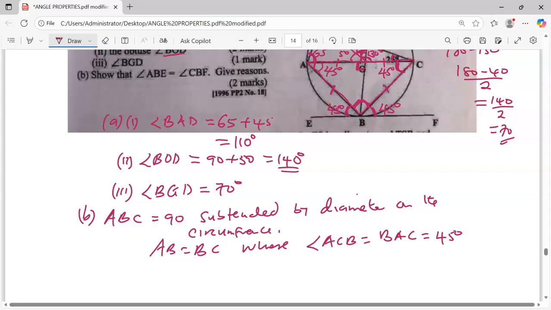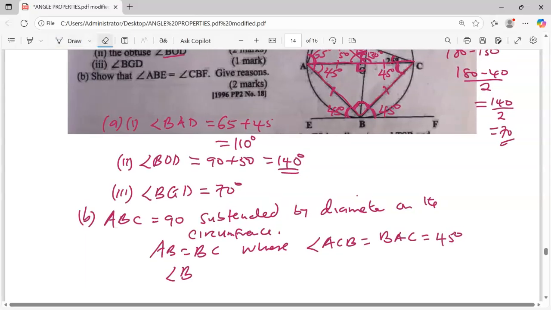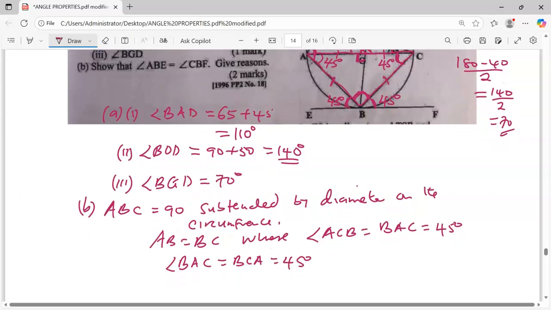We also know that angle BAC is equal to BCA, which is also equal to 45 degrees. That is very clear from there.